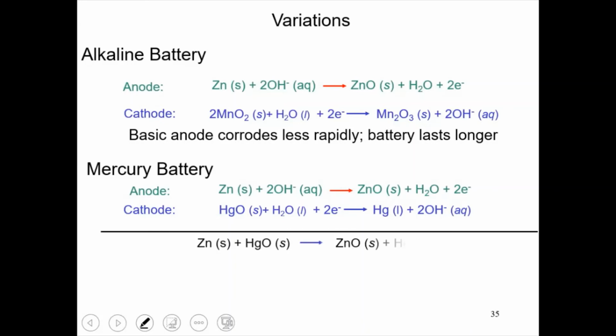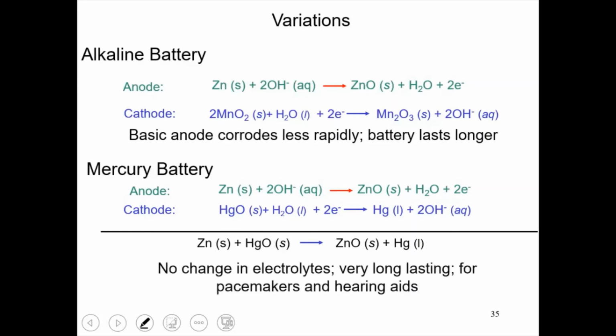But the other thing that happens here is that when you add up the reactions, realize that the net reaction does not involve a change in the electrolytes. There's no net change in electrolytes here. And because of that, this is a very, very long-lasting type of battery. These are the types of batteries you use for things like pacemakers or hearing aids, where you need the power to last for a very, very long time.